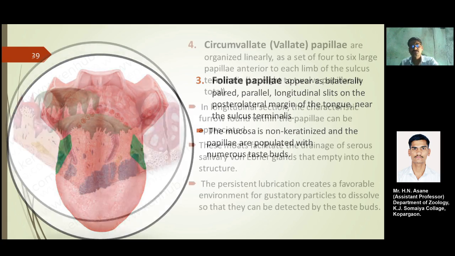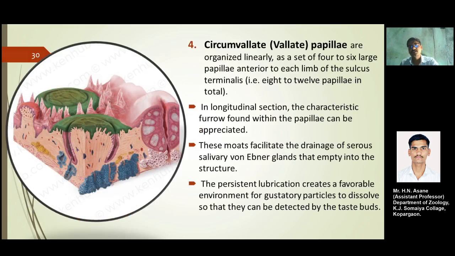As you can see, the circumvallate, also known as the vallate papillae, are organized linearly on the tongue. A set of 4 to 6 large, inverted papillae can be seen on each limb of the sulcus terminalis, so that is 8 to 12 papillae in total.